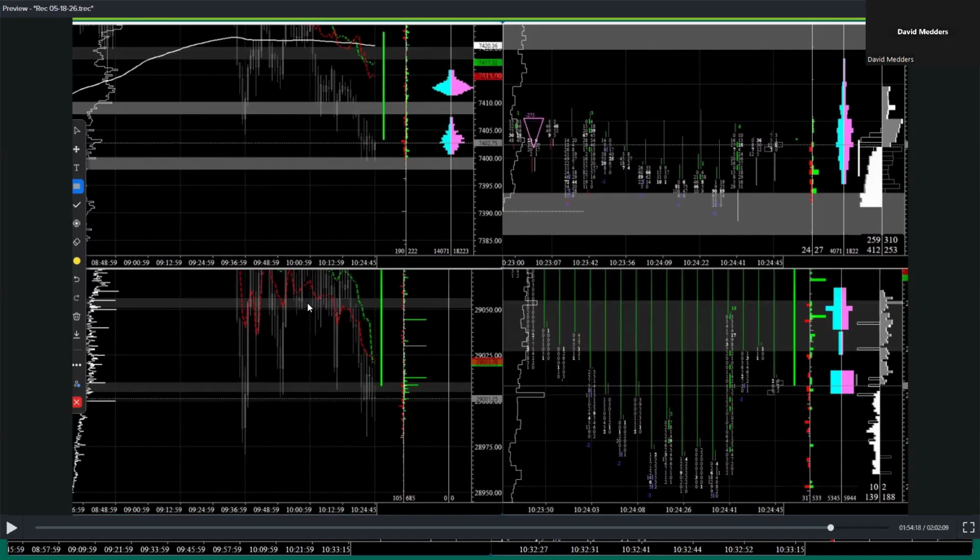And so, did you have to get short in this period? No, but you shouldn't have been looking to get long, for crying out loud. Should have been bearish at around 10 o'clock Central on this 18th day of May. You should have certainly been bearish, but for crying out loud, you should not have been bullish and stuck in a long position on this move down.